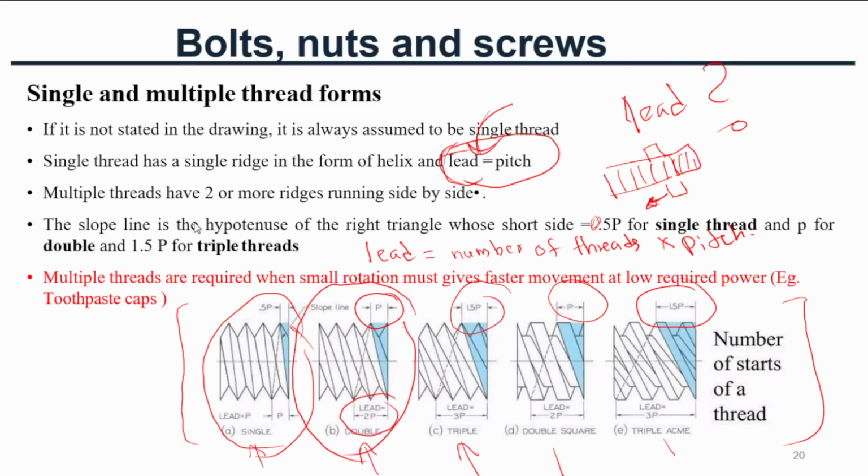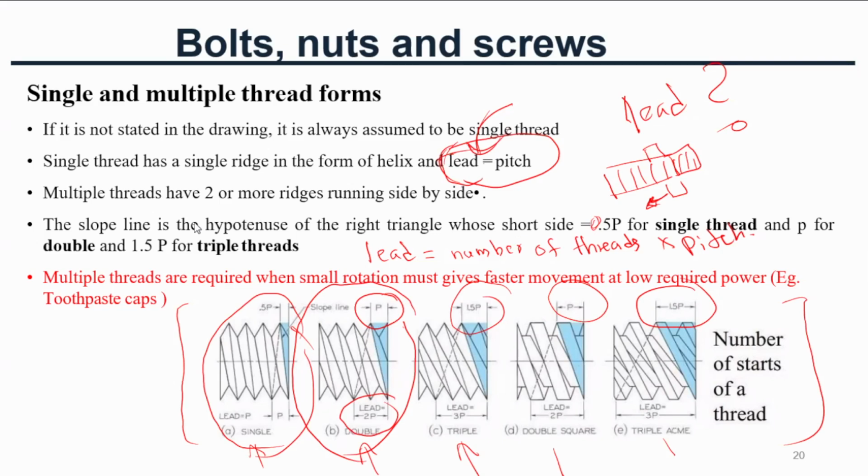So multiple threads are used when a small rotation produces faster linear movements at low required power.